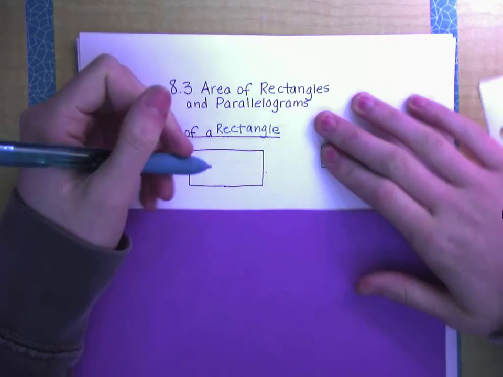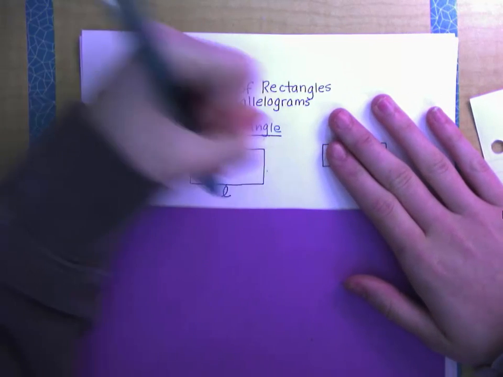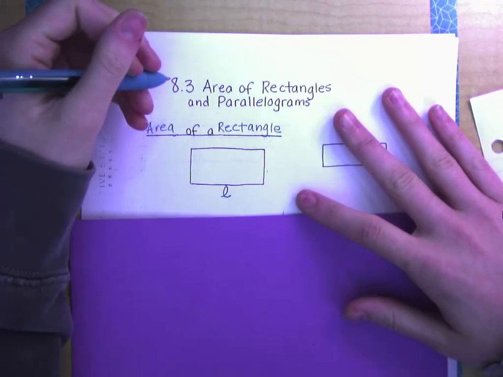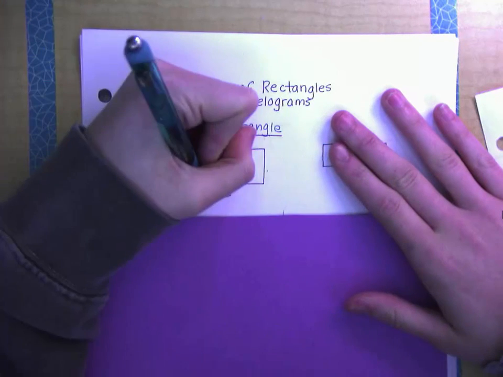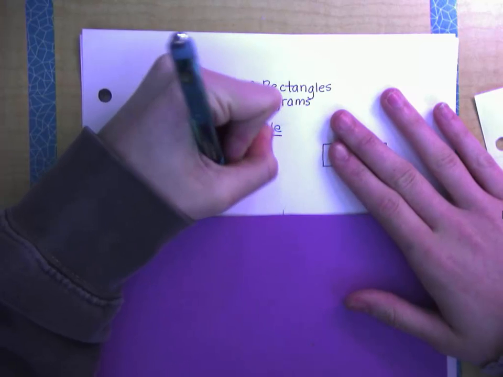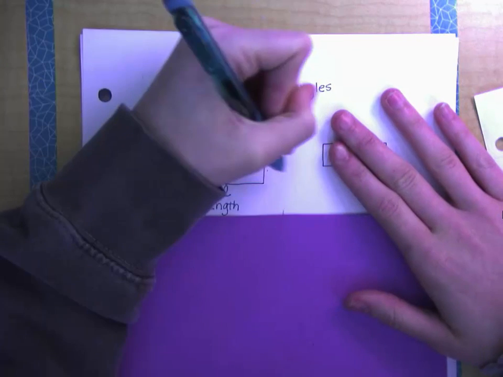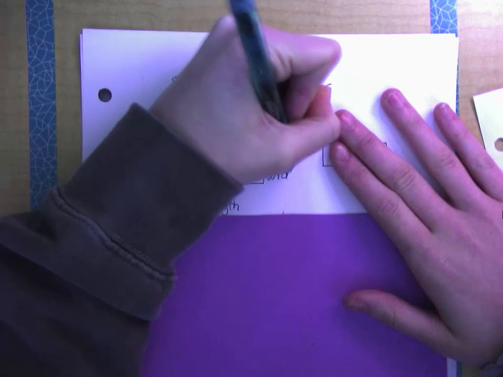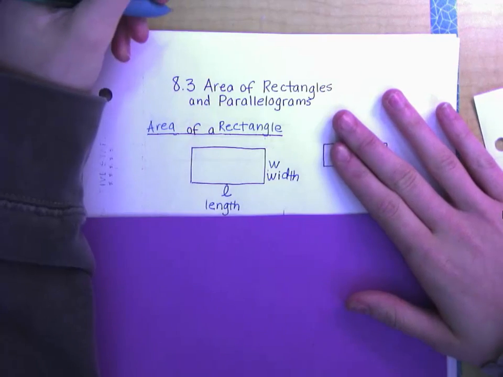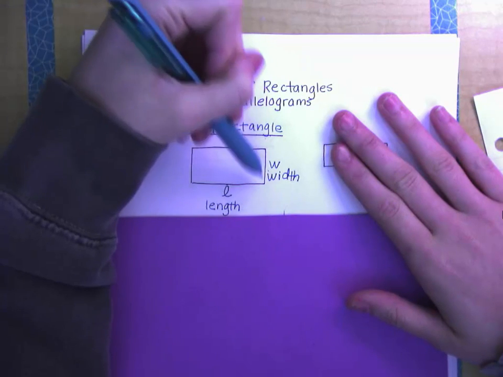So the long side is going to be our length, which is usually signified with a cursive L, since a normal printed L looks like a 1. So the longer side is going to be your length, and your shorter side is going to be your width. Okay? So we need to know the length, and we need to know the width.